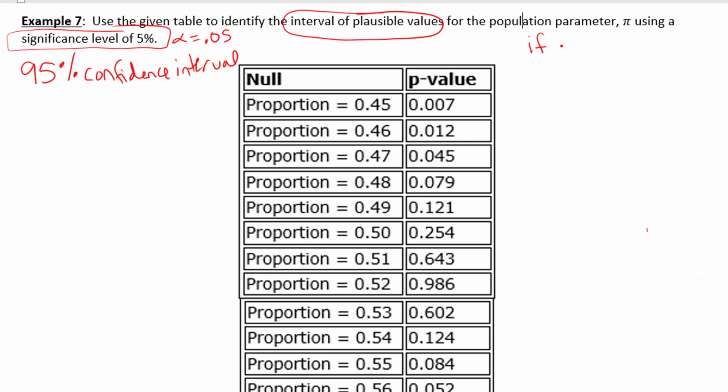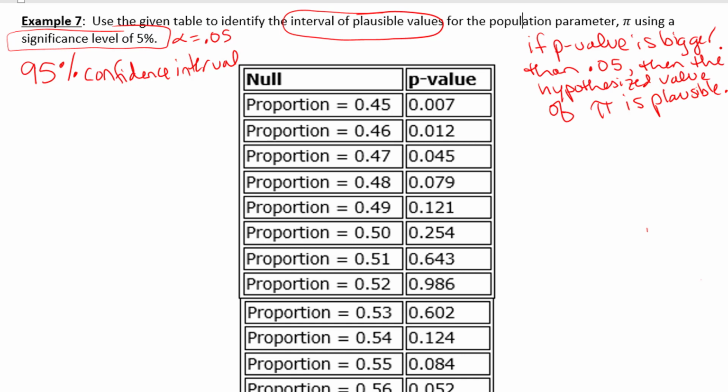If the p-value is smaller than 0.05, then we would reject that pi as being a plausible value. And remember, if the hypothesized value of pi is plausible, that means it's in the confidence interval, because a confidence interval is an interval of plausible values.